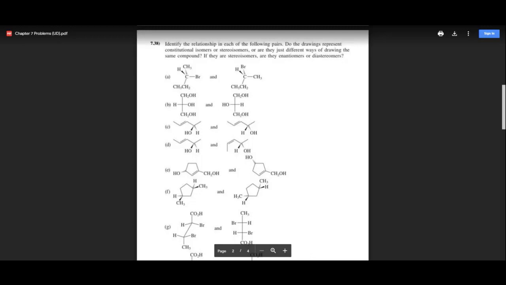Yes. In other words, the same atoms are connected to the same atoms. There might be a different arrangement, but the same atoms are connected to the same atoms. Okay. So are these chiral? Are they mirror images of one another?